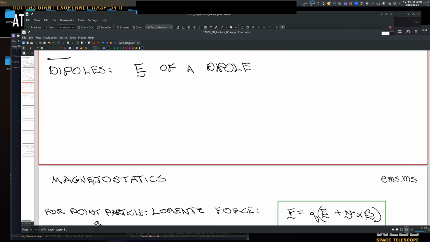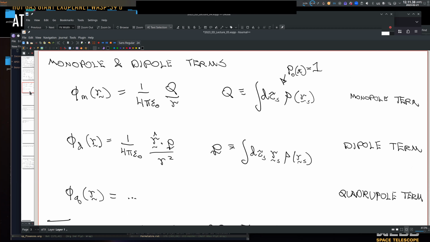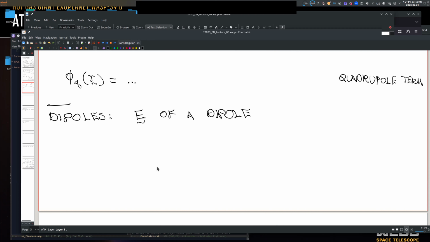We're going to add another page here to the space. Okay, so how does the electric field of a dipole look? So let's just imagine this dipole like this, plus minus. It has a vector d, a distance between the two, like this.